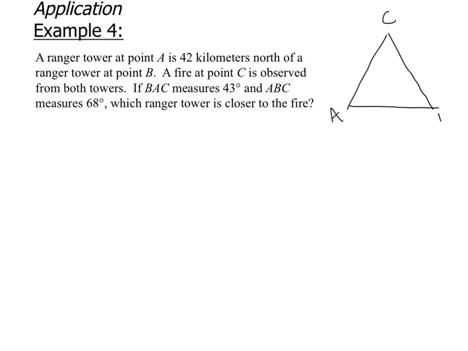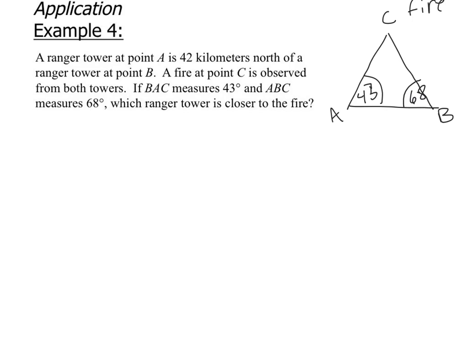So A and B represent my towers, and up here C represents my fire. And it's given that this angle is 43 degrees, because they said angle BAC is 43 degrees. And it's given that angle ABC is 68 degrees.